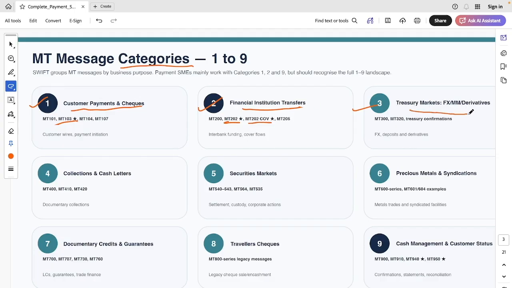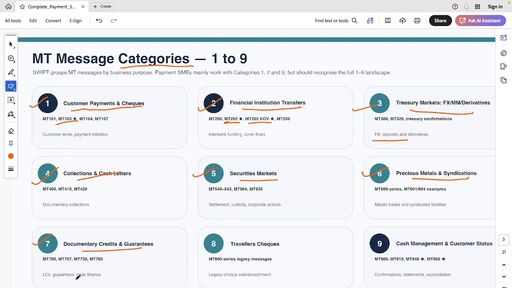Category 3 is for treasury markets such as foreign exchange and money market confirmations. Category 4 is used for collections. Category 5 is used for securities. Category 6 is used for precious metals and syndications. Category 7 is used for documentary credits and guarantees.